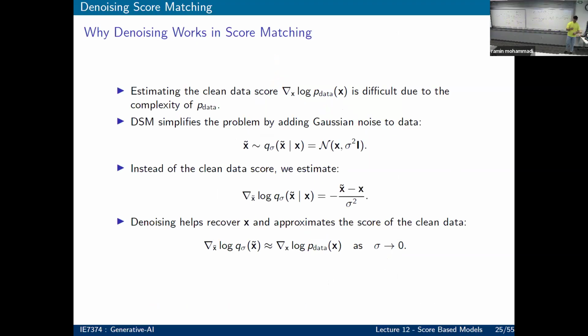Now, to wrap all of this up, why does this denoising idea work? Finding the log gradient, the score field of the real data, is challenging because we don't have the real distribution. Most of the time, it's just samples. So this has a similar flavor to what we saw with the reparameterization trick in VAE.